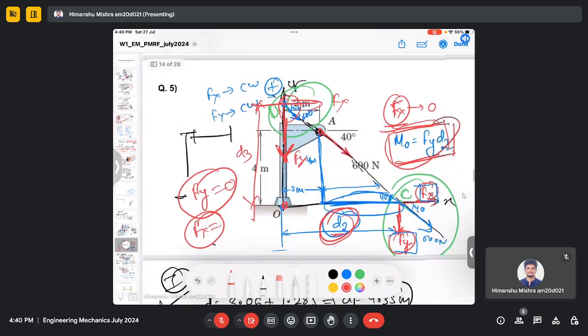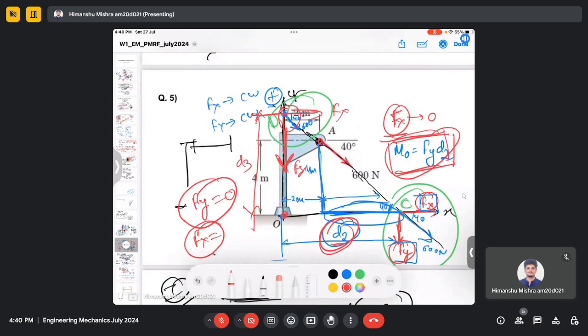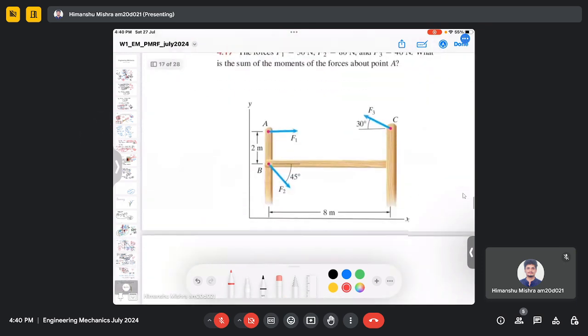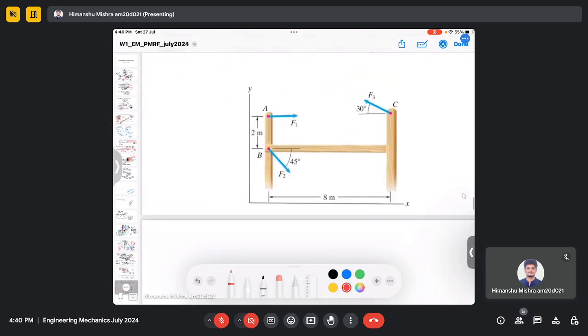So in this problem, the direction of the moment was clockwise from both Fx and Fy. Any doubt? Okay, then let's solve a few more problems related to it.